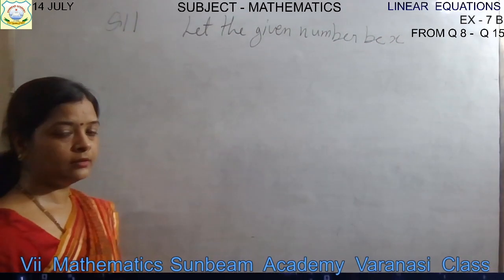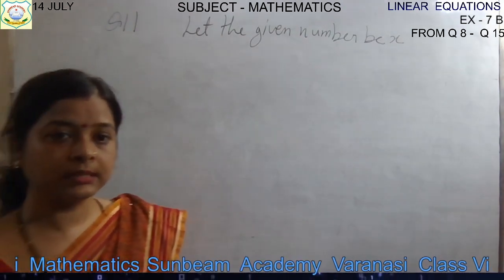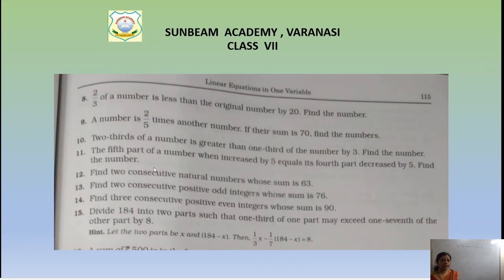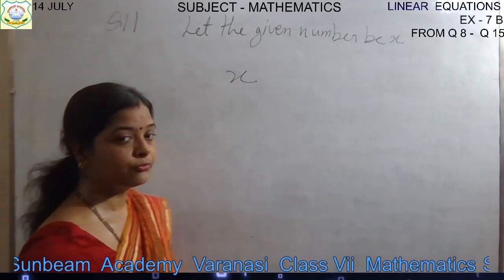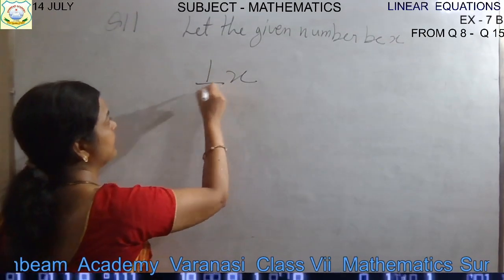The question is saying fifth part. So what will be the fifth part of this number? X is there, fifth part and fourth part. Let's see what the fifth part is first. Fifth part means 1 by 5.